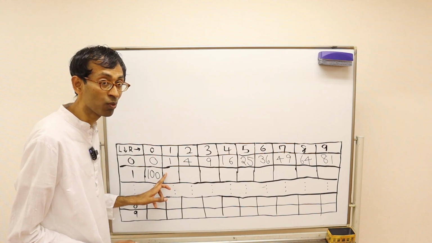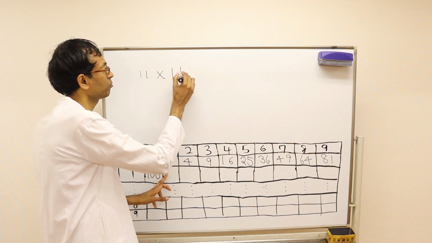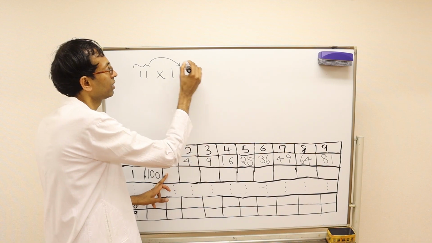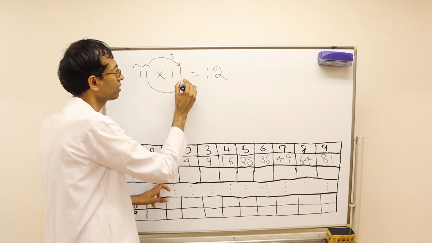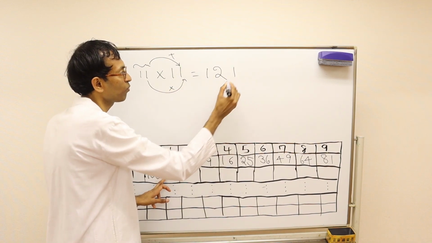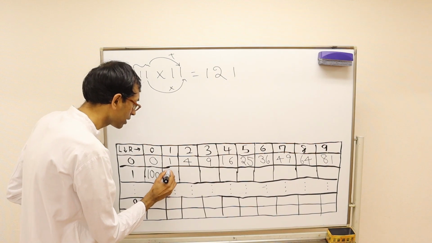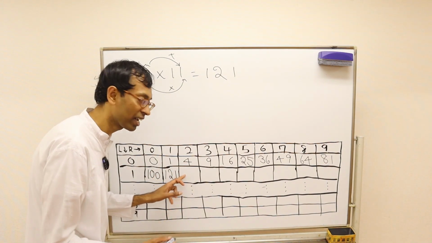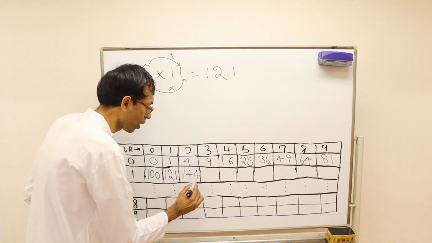How to do 11 square? You remember 11 times 11 means 11 plus 1 is 12, and then 1 times 1 is 1. That's how we did it, right? So this is 121. This is 12 square. 12 square is 144.